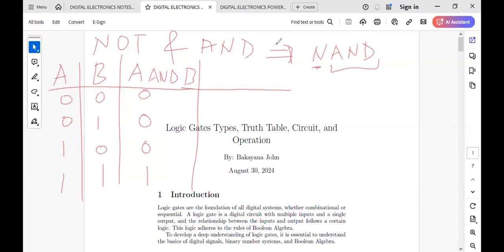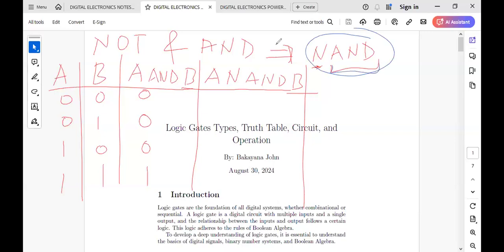Then, if I'm looking for the NAND, now I have combined A NAND B. The N in this expression inverts the result of AND.